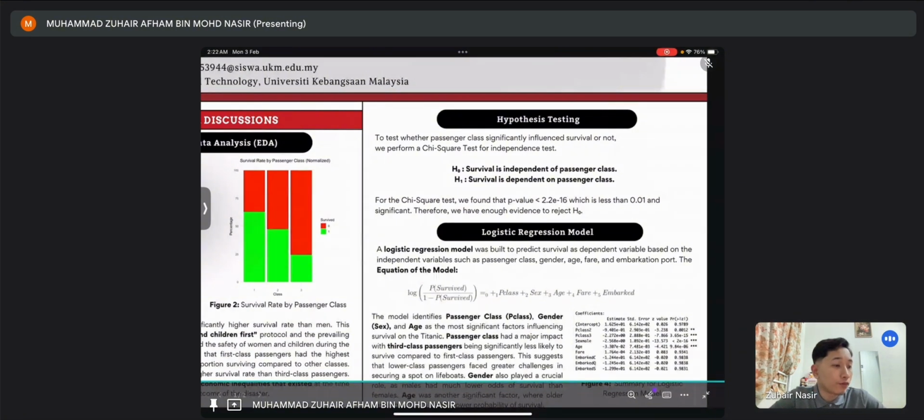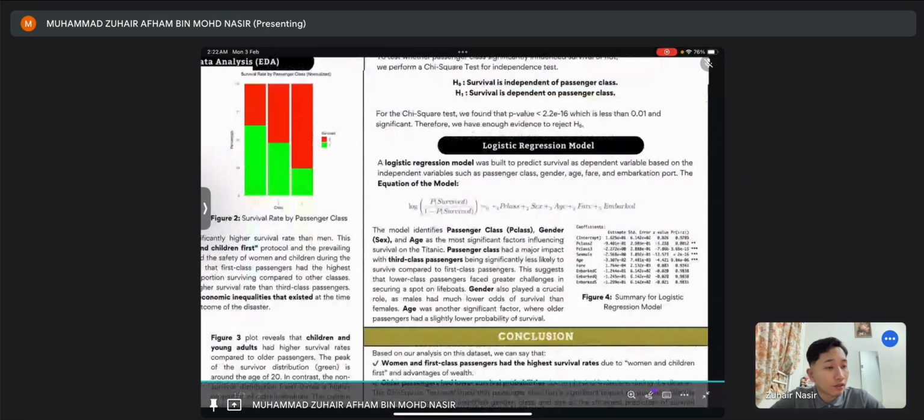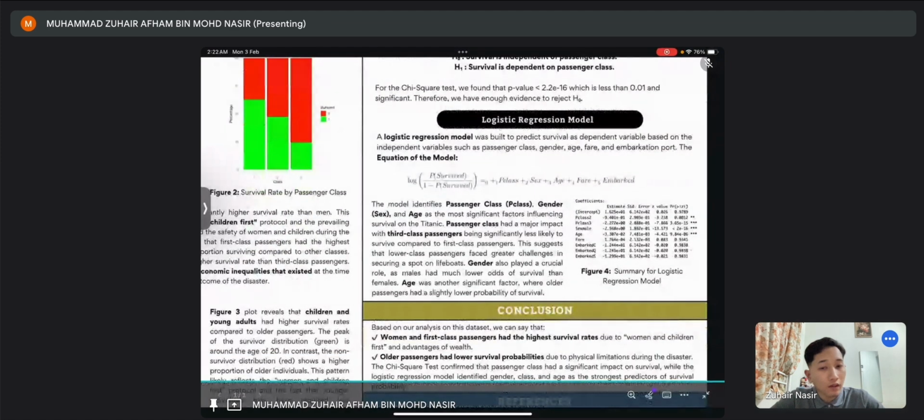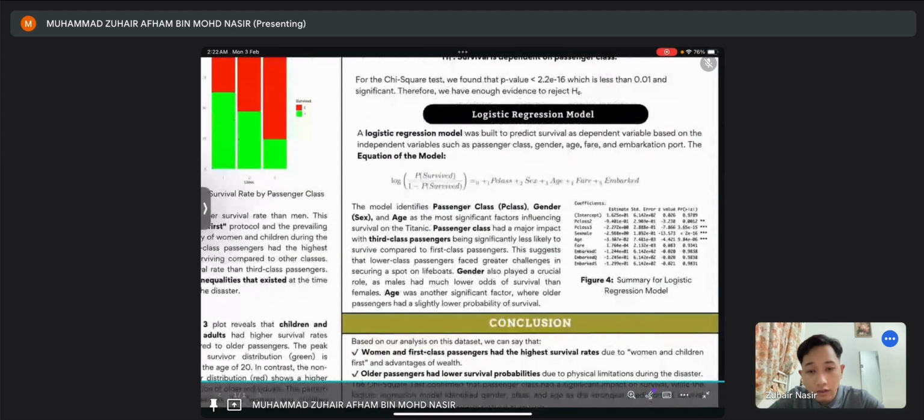And then we move to the logistic models. Okay, as you can see here, to quantify the impact of the key variables, or the independent variables, we built a logistic regression model with survival as the dependent variable and passenger class, gender, age, fare, and embarkation port as independent variables.